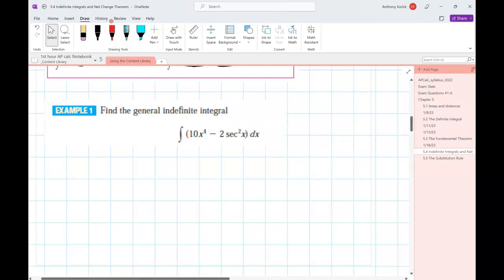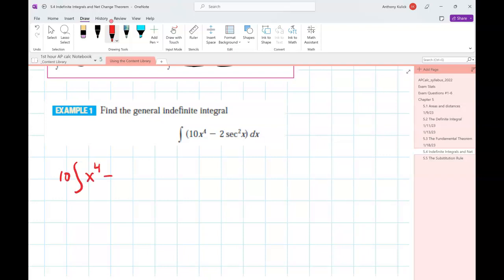So let's just do some examples now. Again, I notice immediately that this is an indefinite integral because there are no bounds on my integral symbol. So the first thing I'm going to do is distribute my integral to both terms and pull the constants to the front.